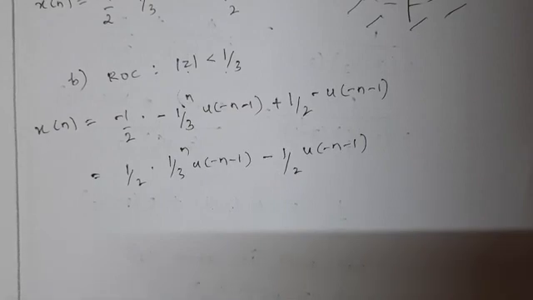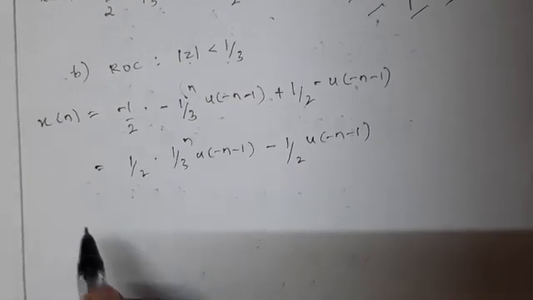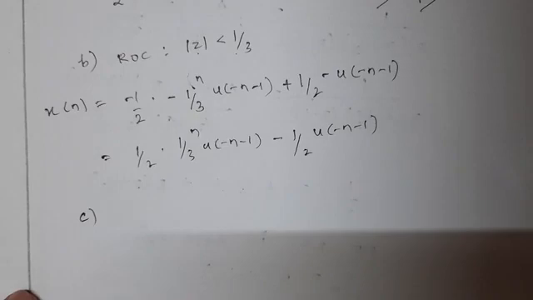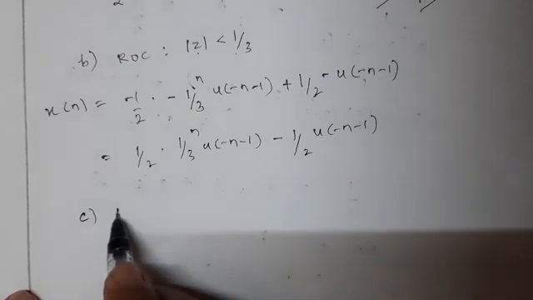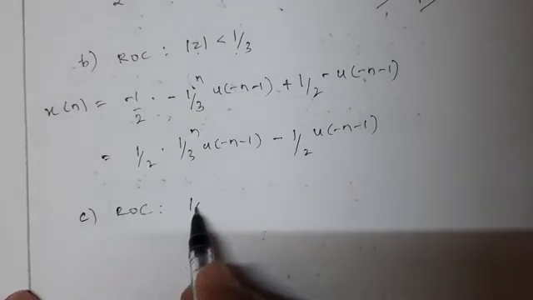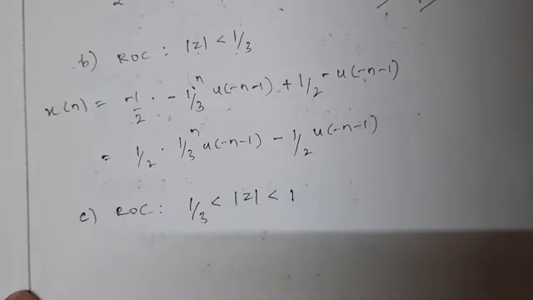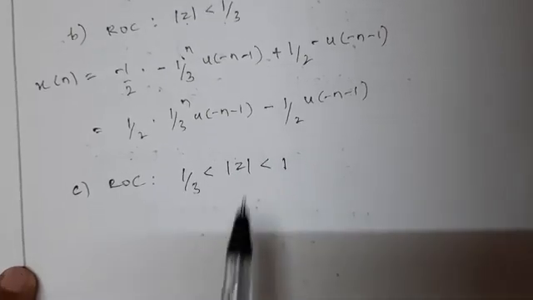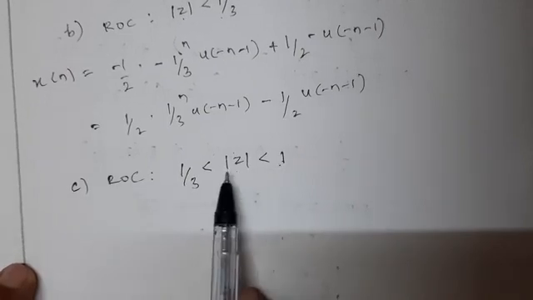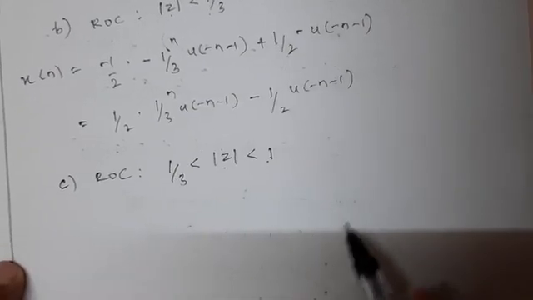Without ROC you cannot write the inverse z transform. Last one, C, ROC is 1 by 3 less than z less than 1. So what this is indicating is z is less than 1 but greater than 1 by 3.